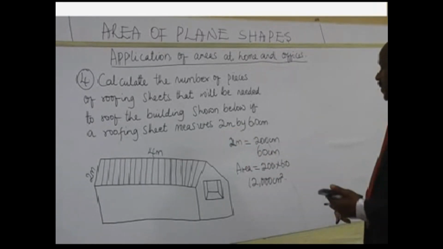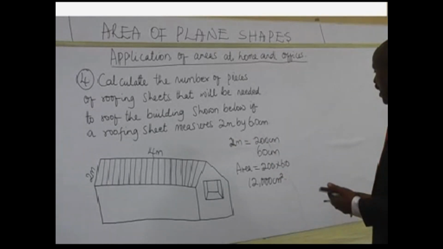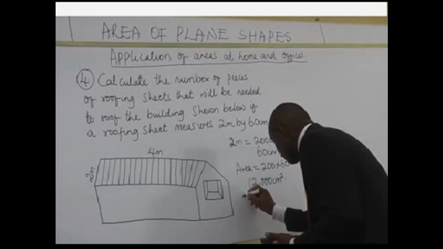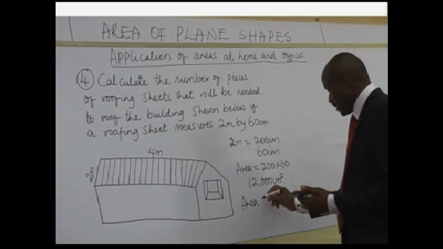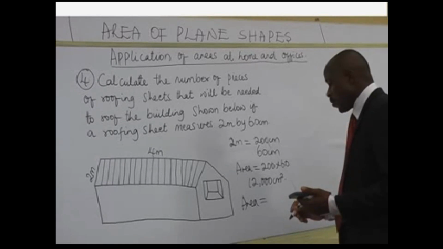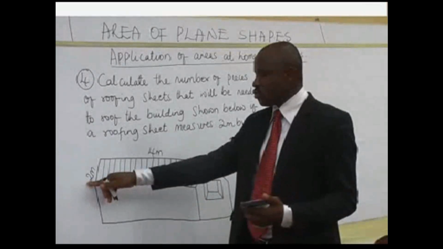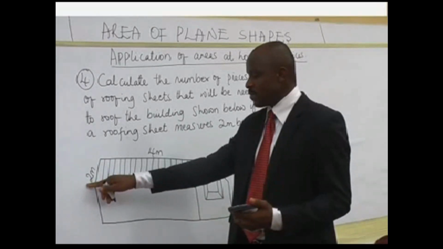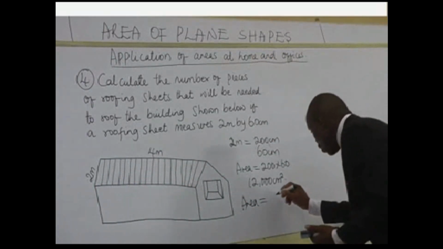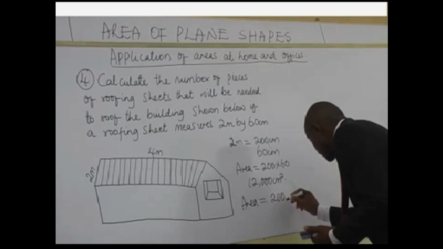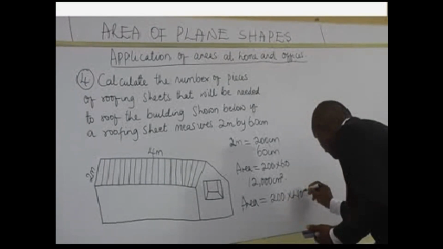Now, the roof itself, the area of the roof, is going to be equal to, you know that 2 meters means 200 centimeters, and 4 meters means 400 centimeters. So we have 200 times 400.